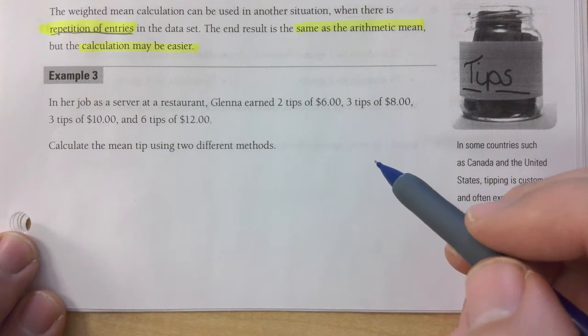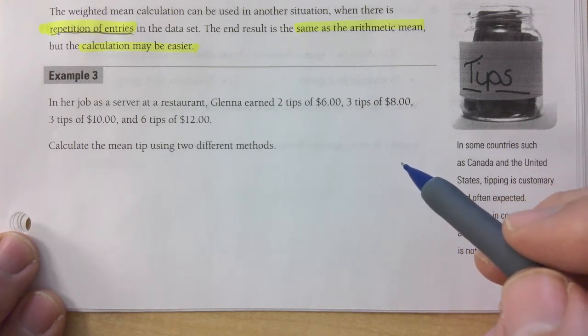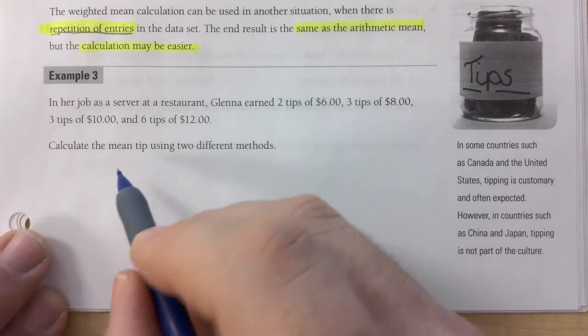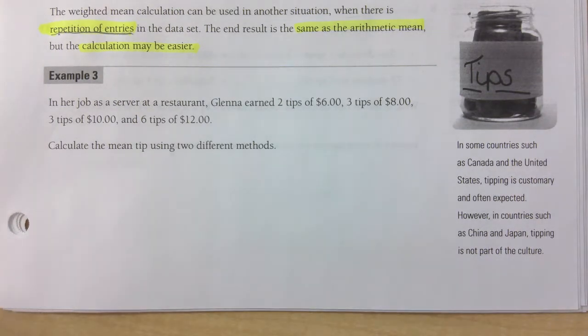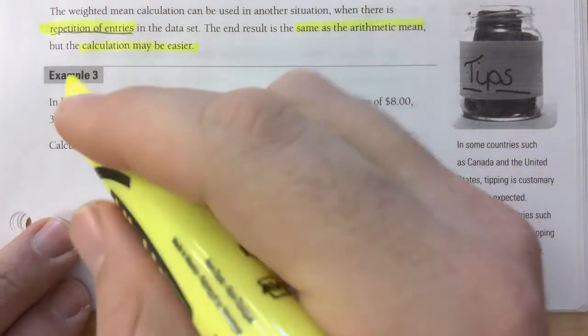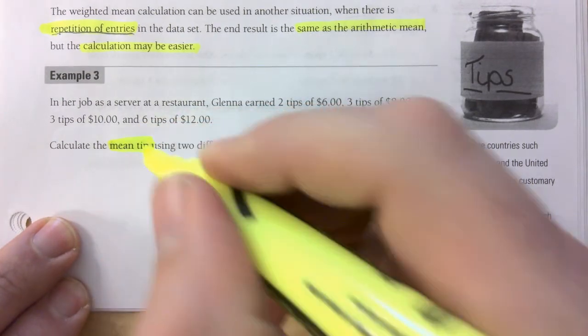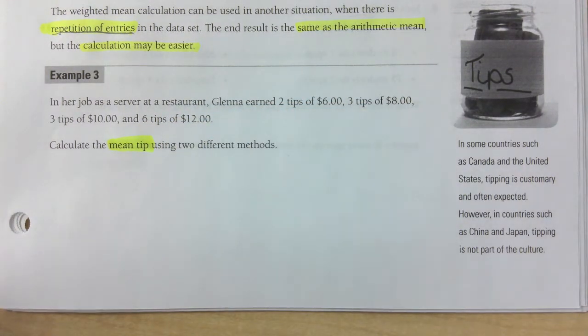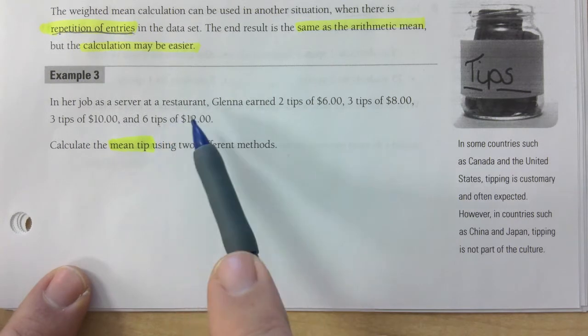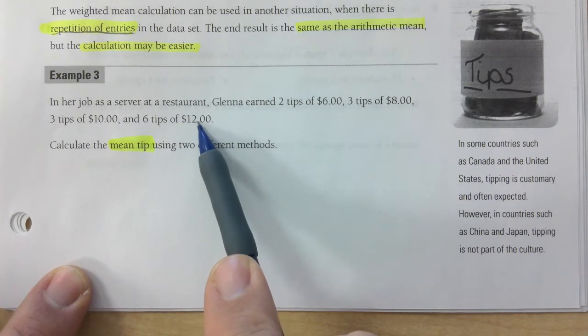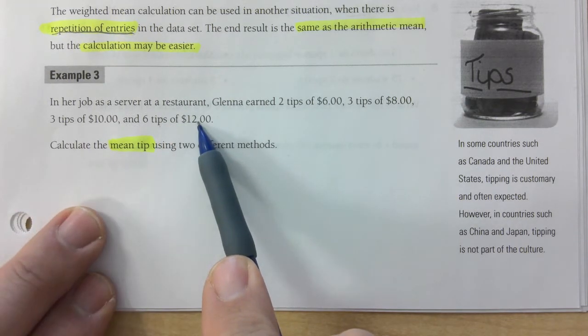Okay. So what I want you to first of all think of is this question does not use the per, right? It just used the mean tip. What would a mean tip be if you have tips and dollars? How would you expect that answer to look at the end?